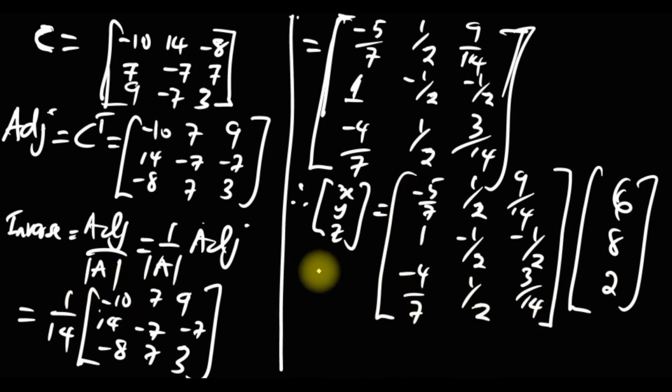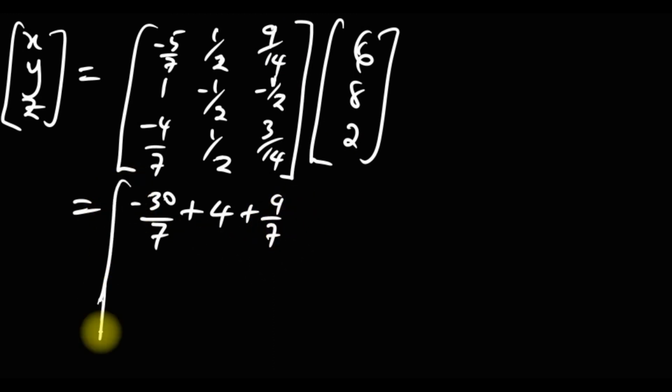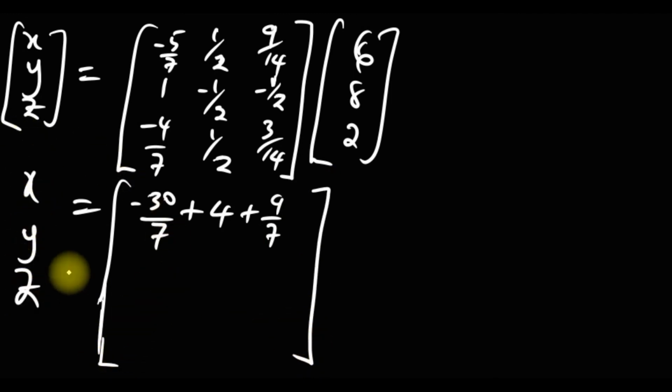So let's multiply. This times that is minus 30 over 7, plus this times 8 is 4, plus 2 times that is 9 over 7. So this is x, y, z.